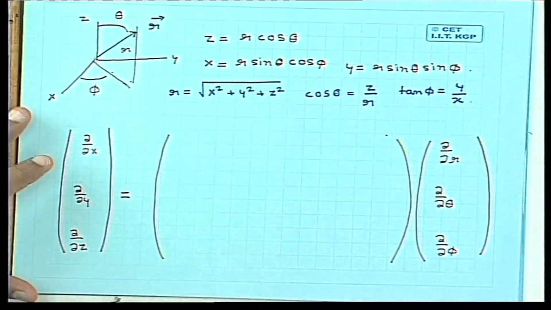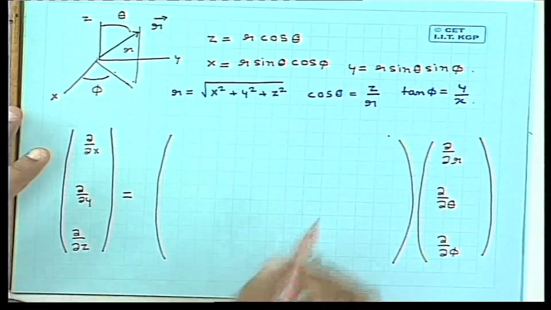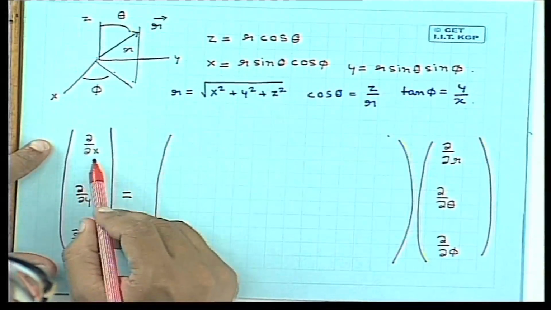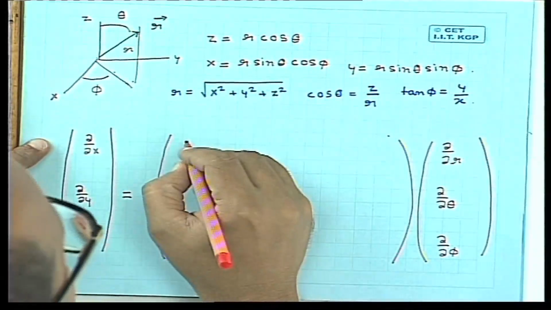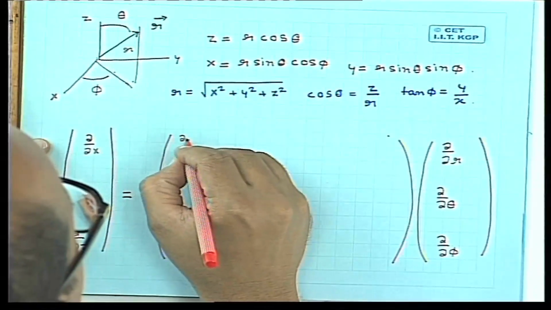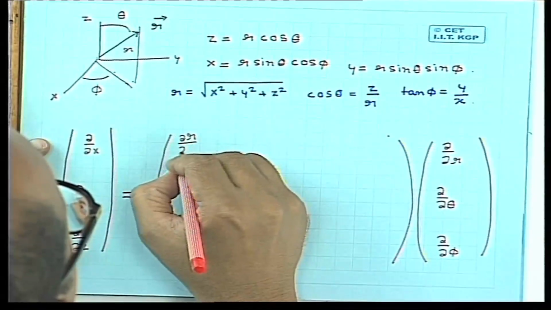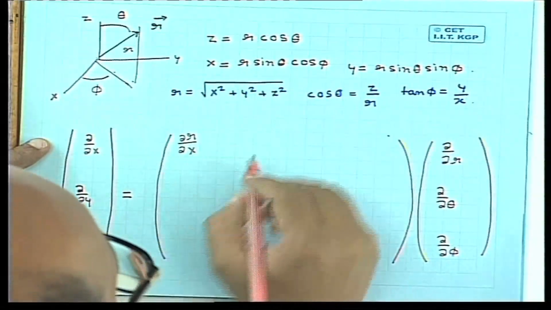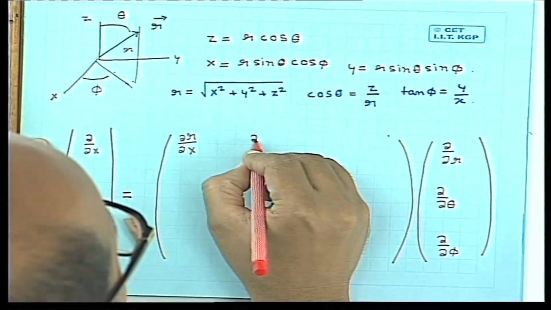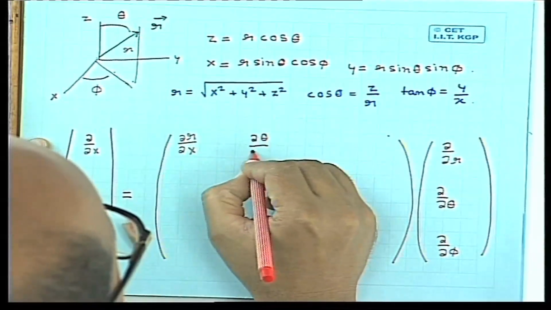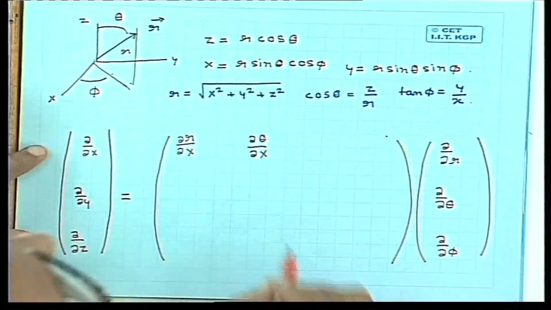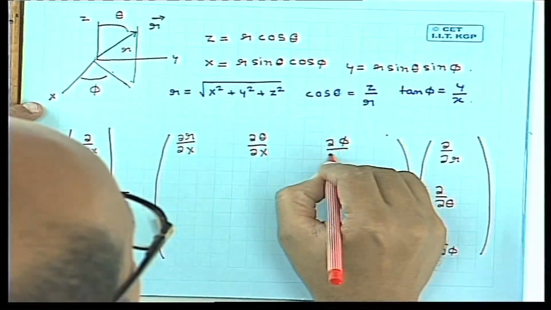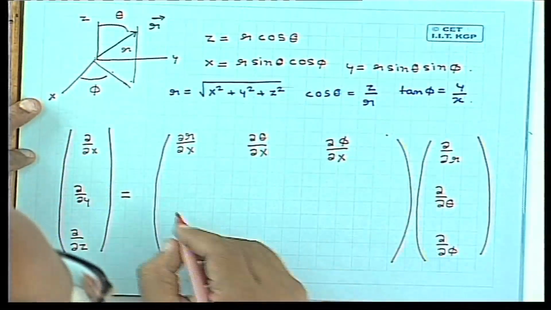Let me first explicitly write down the terms over here, and then we can work out what those terms are. So the term which appears here, del del x, is equal to del r del x into del del r plus del theta del x into del del theta plus del phi del x into del del phi.